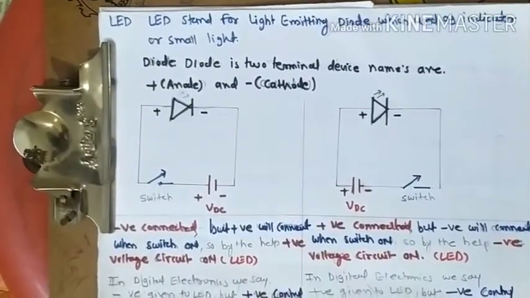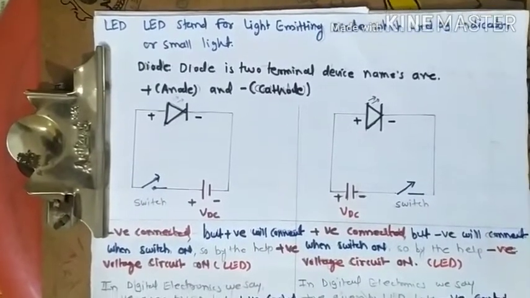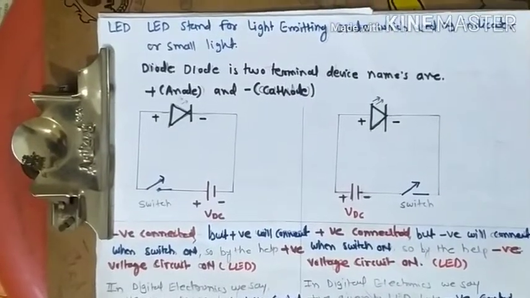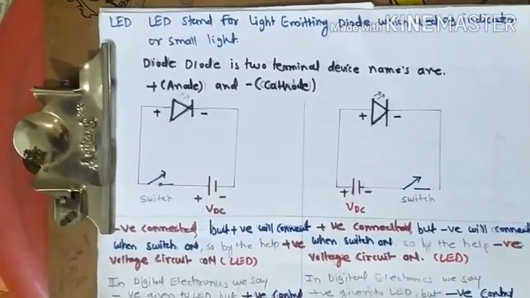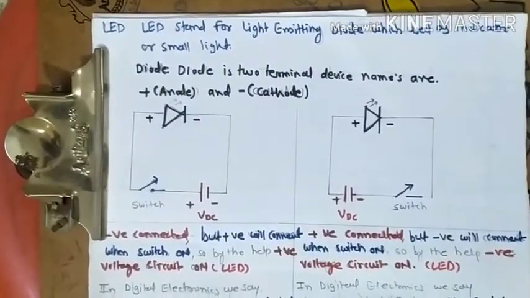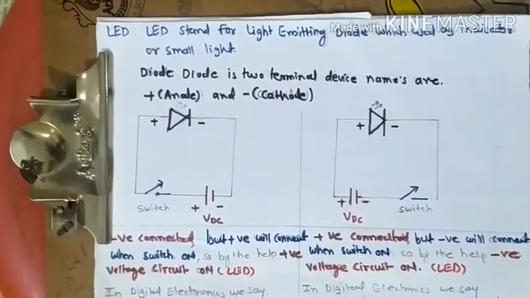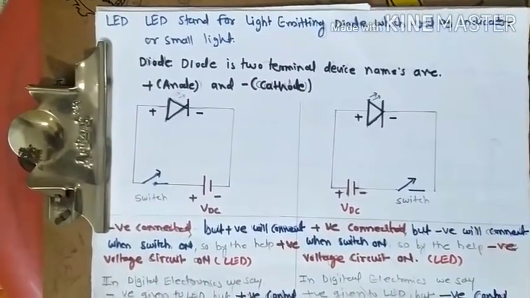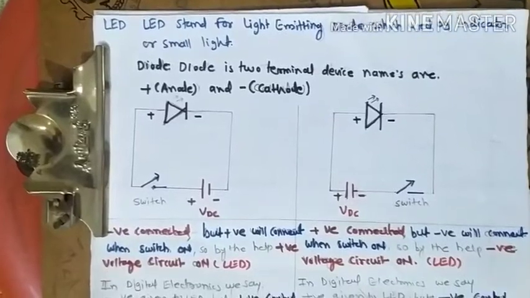We can use LED as an indicator, or to check or verify whether our logic is 0 or 1. If any port pin has logic 1, or high, and we join an LED with that pin, the LED will glow.